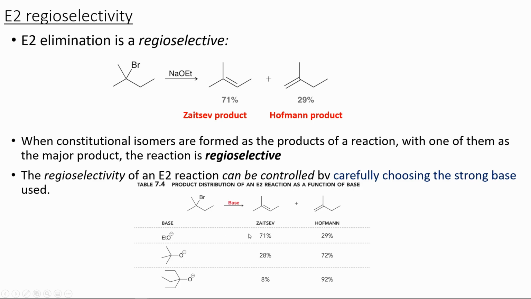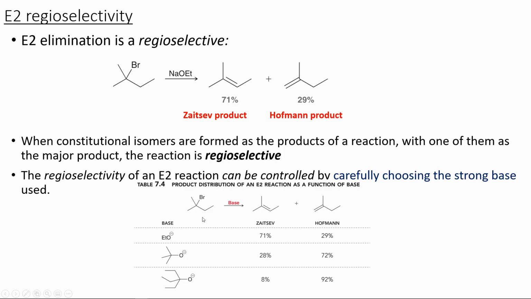Using ethoxide, we obtain the tri-substituted alkene. Now, if we use a bulky base, such as tert-butoxide, we're going to have less access to the secondary hydrogen because of the bulky base. There are going to be some steric interactions that prevent deprotonation at this position and make it easier to deprotonate at these primary positions relative to the secondary positions.